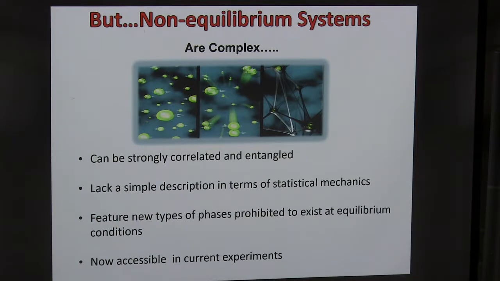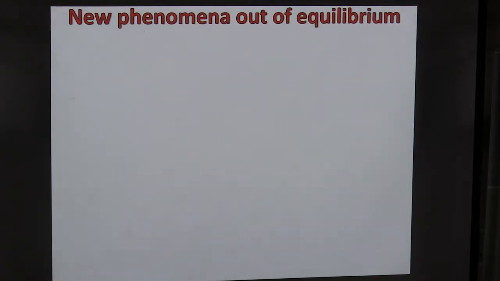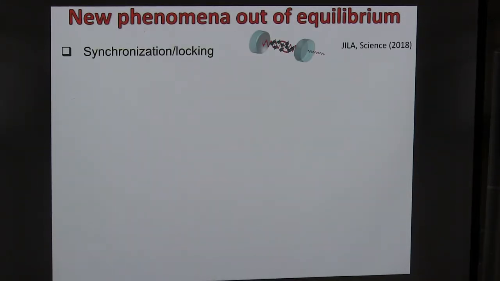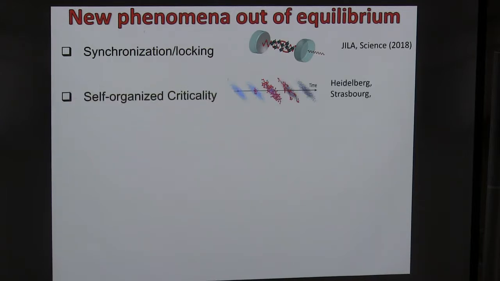Examples of this great progress in the last couple of years are a various set of experiments that have revealed different types of behavior, like, for example, synchronization and locking in the cavity experiment at JILA with James Thompson. Self-organized criticality has been reported, for example, in the Heidelberg and Strasbourg groups.